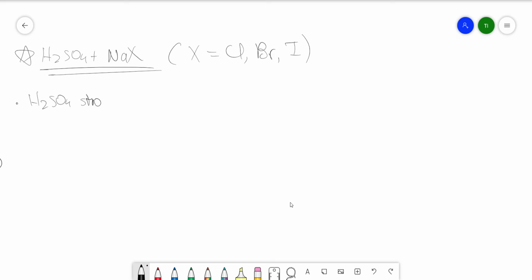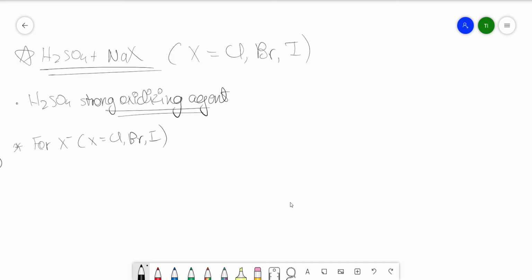H2SO4, strong oxidizing agent. This is the first key principle of this reaction, that H2SO4 is a strong oxidizing agent. Another key principle is something that you can correlate with the trends we've learned before, that for X minus, where X is equal to Cl, Br, or I, right, the reducing power matters. And recall what is reducing.